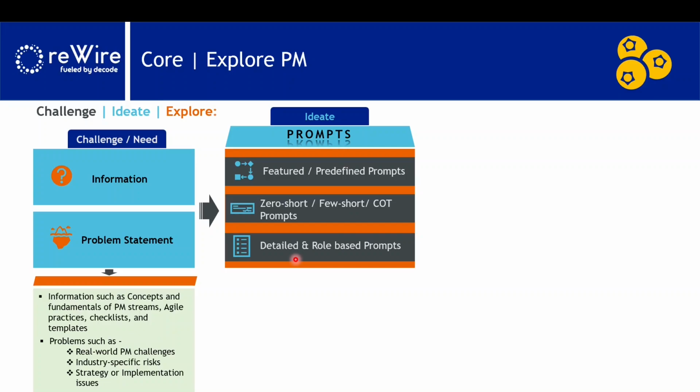You need to give detailed information in such a way that it will understand what the role is and what information you are asking for, and you can get other details also. That we call detailed and role based prompts.